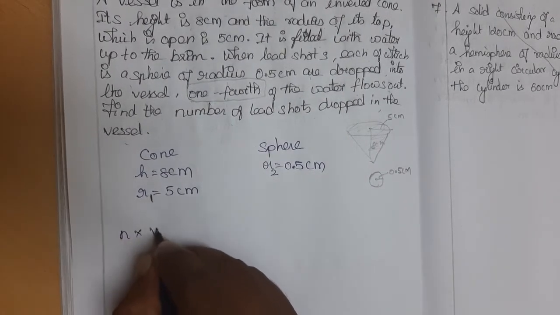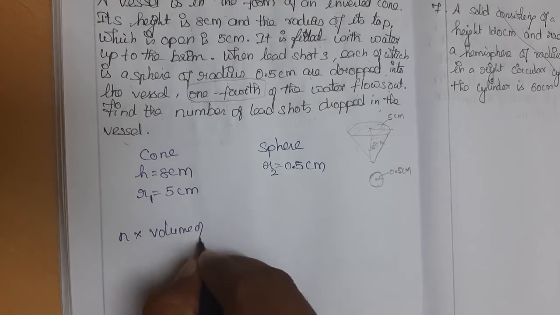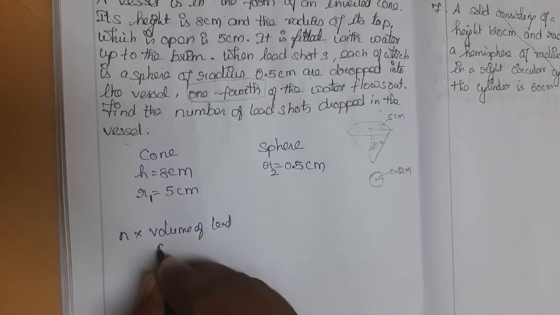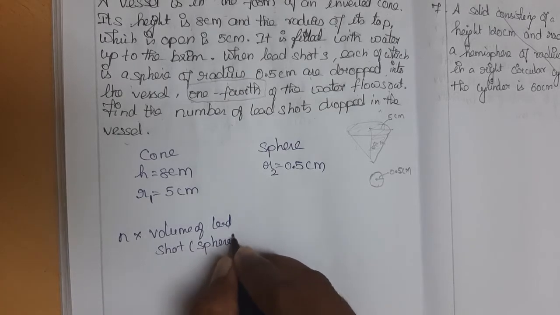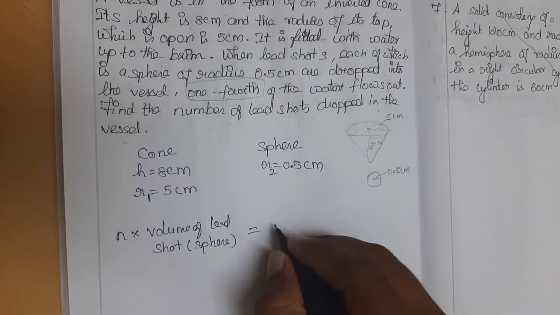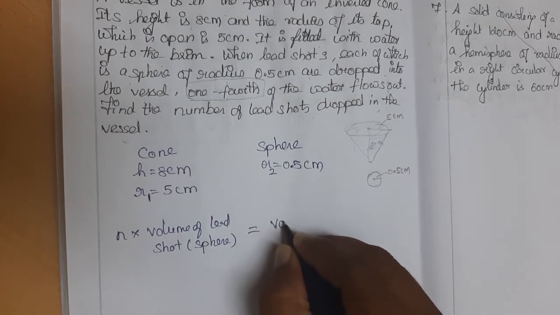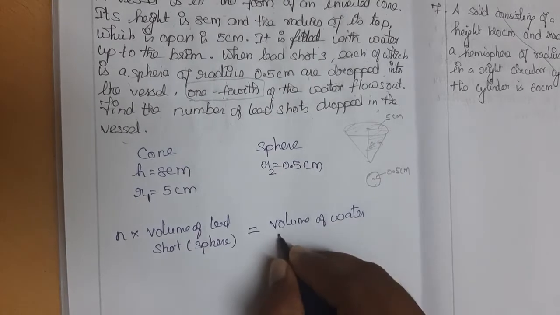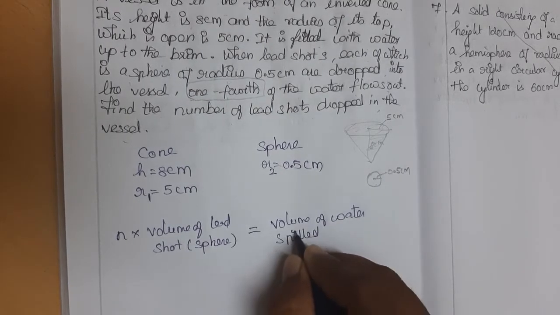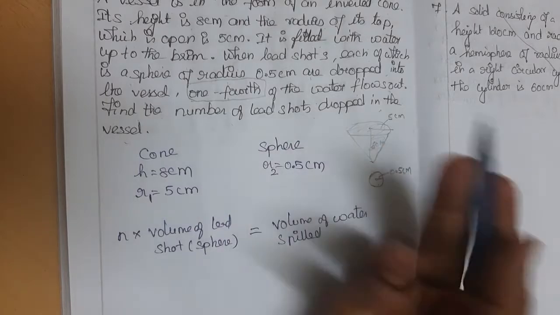So n into volume of each lead shot, that's the sphere shape, right? You can write here, so it is easy to write the formulas, is equal to the volume of water spilled, right? The volume of water spilled is 1/4 of this cone.